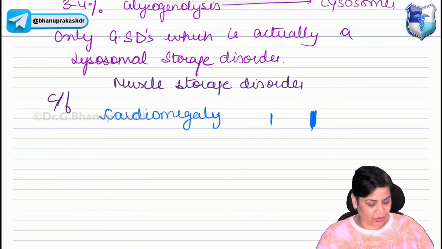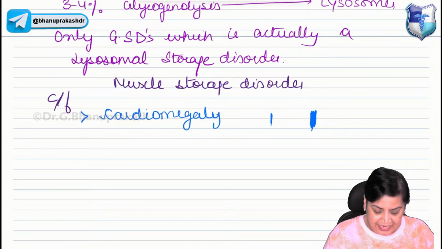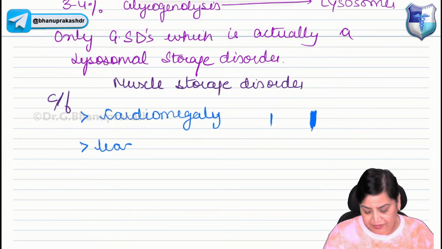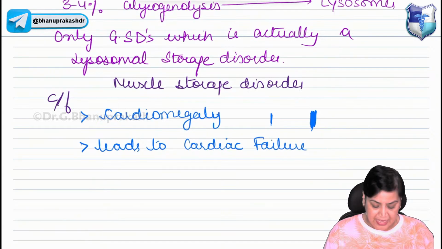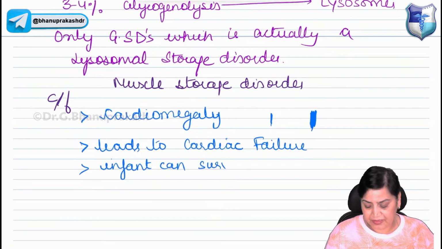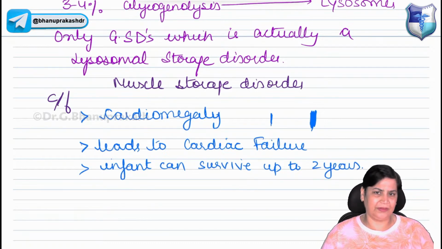So cardiomegaly leads to cardiac failure, and the infant can survive up to 2 years, that's it, and that too with great difficulty.